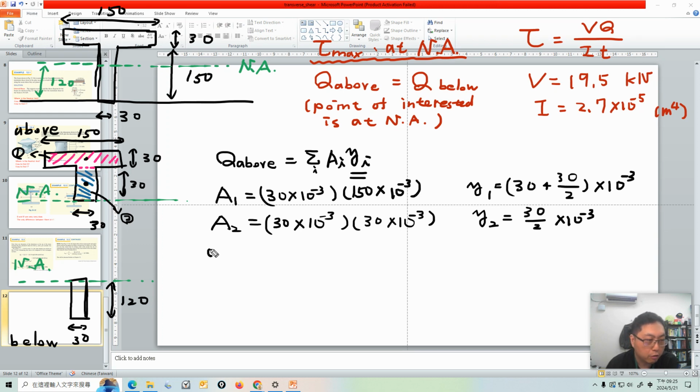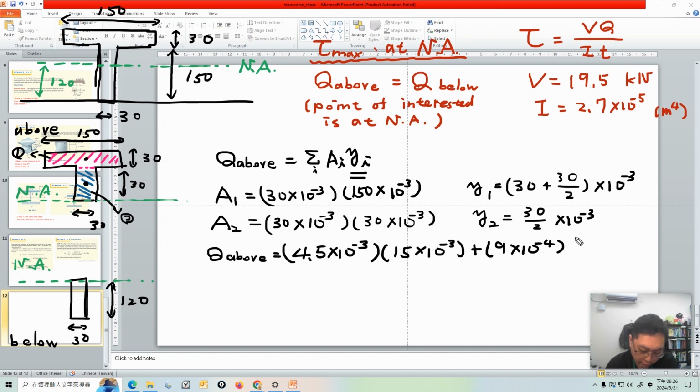So for Q above, you can just put this number, A1Y1 plus A2Y2. Just use your calculator. For A1, it will be 4.5 times 10 to the power minus 3, and Y1 is 15 times 10 to the power minus 3, plus the other is 9 times 10 to the power minus 4 times 15 times 10 to the power minus 3.